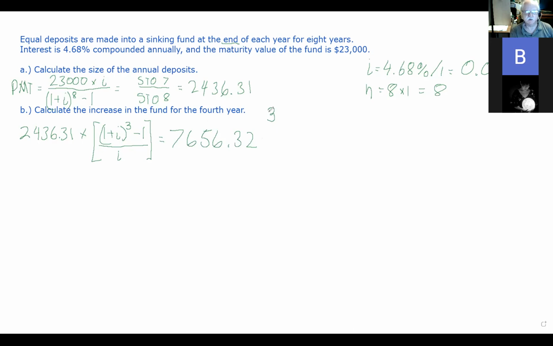And so that was the end of the third year. And we've got to multiply that by I to figure out how much interest has accrued on that. So times recall 1. So 358.32.